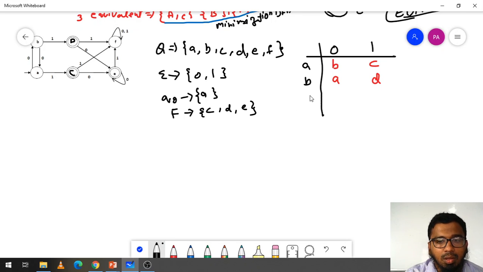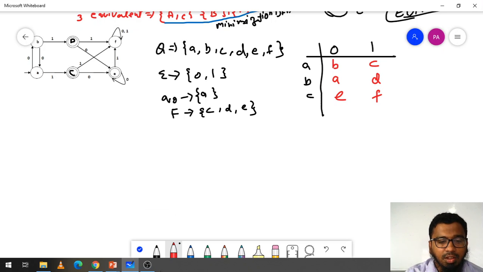Next, C. C on 0 goes to E, and C on 1 goes to F.